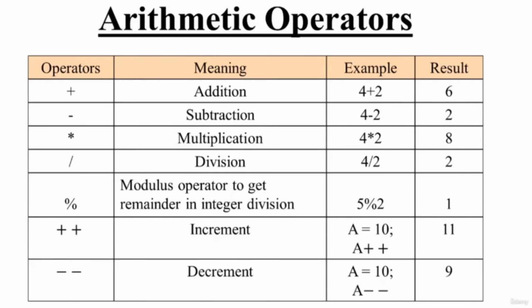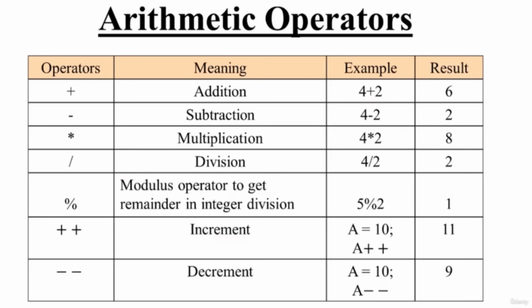In arithmetic operators, you can see plus, minus, asterisk for multiplication, forward slash for division, and a percentage symbol for the modulus. It means if you want to add, subtract, multiply, or divide two numbers. For example, say 5 divided by 2. What will happen?